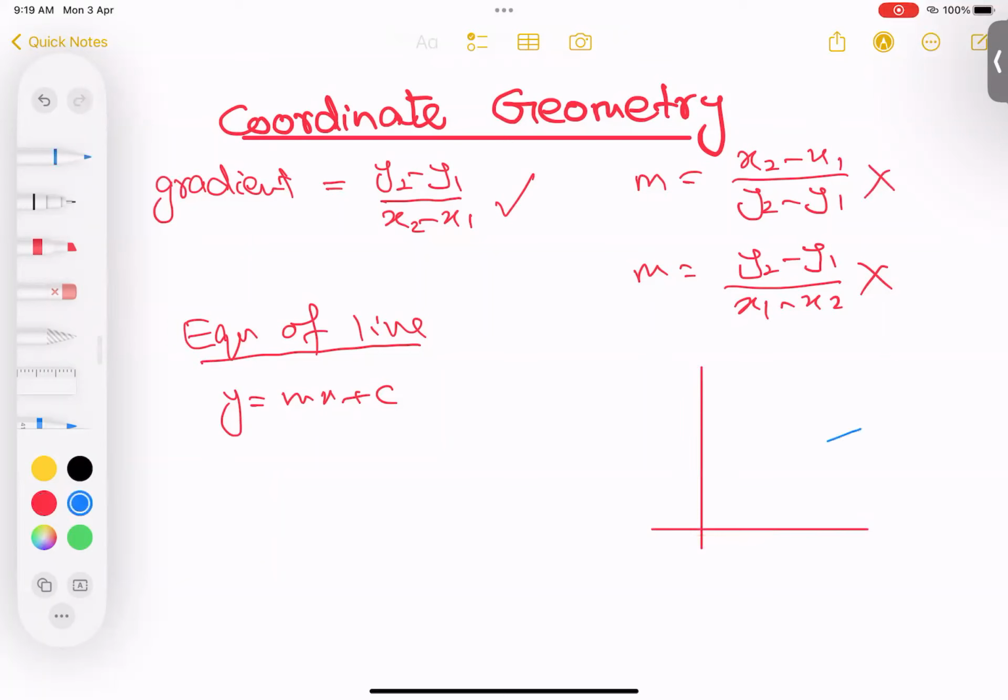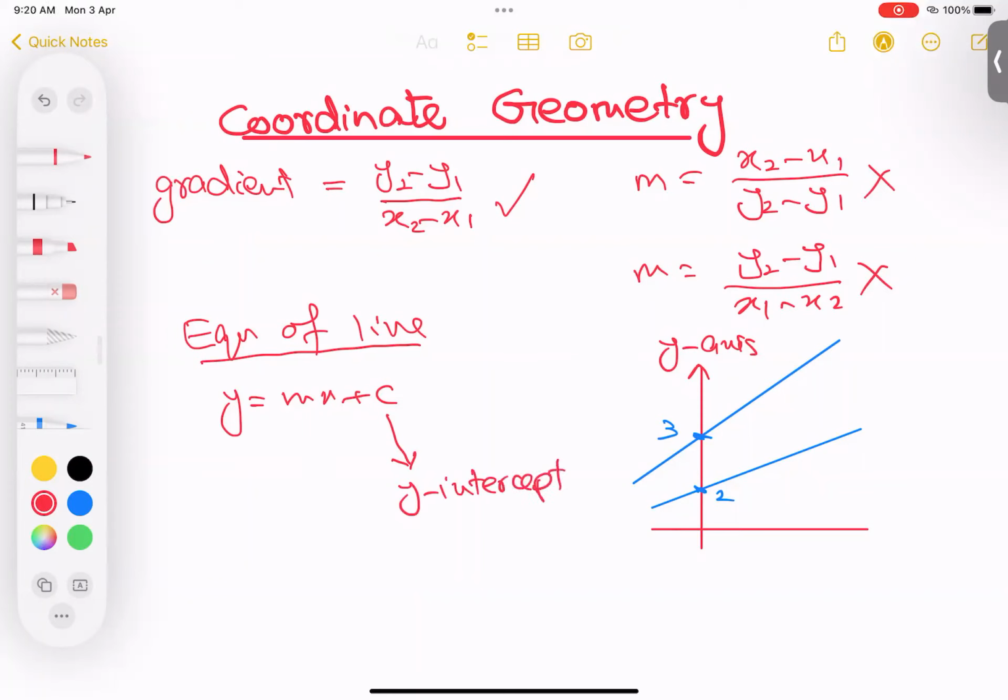Here is a blue line cutting the y-axis at 2, and this line cutting the y-axis at 3. Just take an example. This is called the y-axis, and c is called the y-intercept. I repeat: y-intercept means where the line intersects the y-axis.